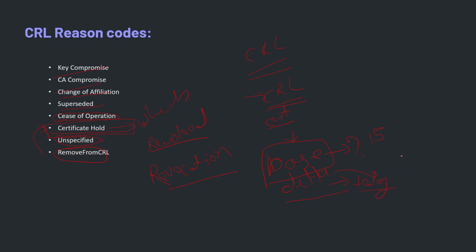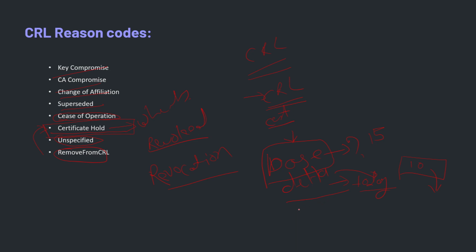It will contain all that list for the next 7 days. Suppose 10 certificates were revoked, then that list will get added to my next base CRL, which will replace my current base CRL, and our delta CRL will be empty again, and this process will go on.